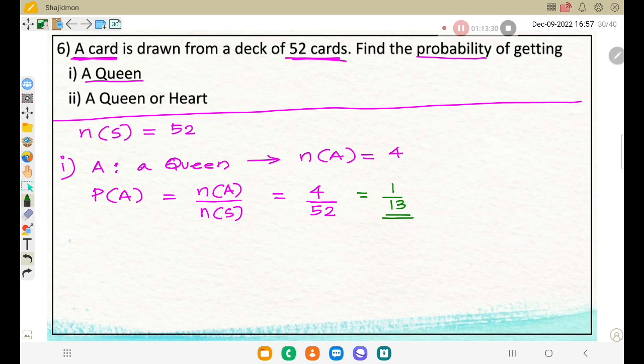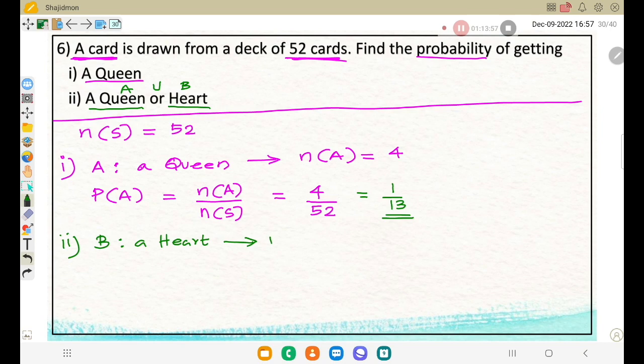Okay, now the second one. What is the second part of the question? A queen or a heart. Queen card we have taken as A. Or means union. Heart card I am taking as B. That is the question. B means a heart card, correct?